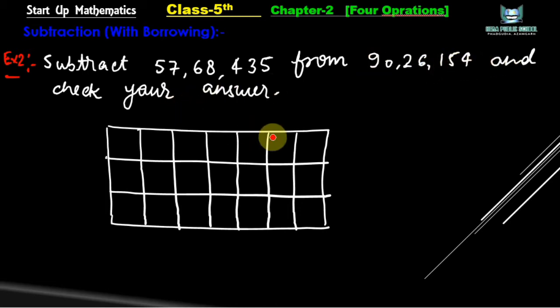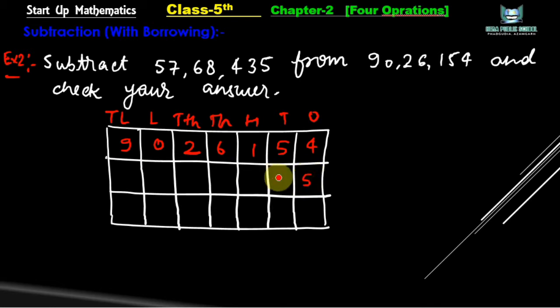This is the ones place, tens place, hundreds place, thousands place, ten thousands place, lakhs place and ten lakh place. So the minuend is 9 0 2 6 1 5 4 and the subtrahend is 5 7 6 8 4 3 5.